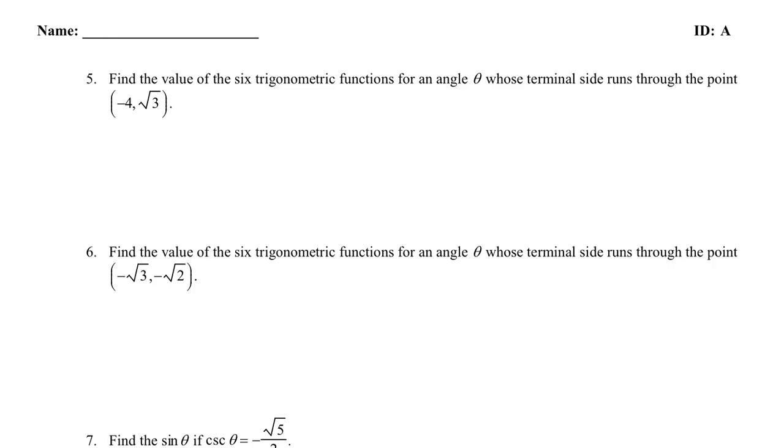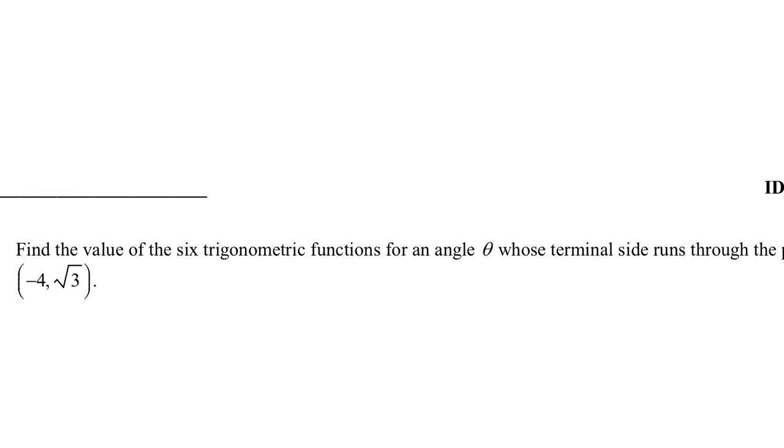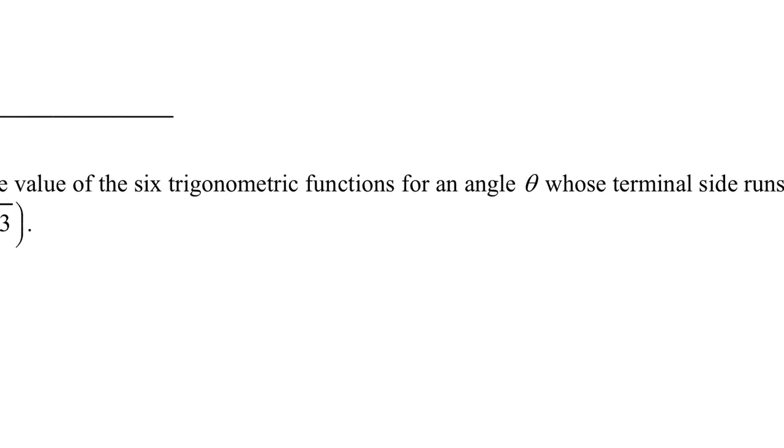So like we did on the first slide, we kind of brain dumped, that's what I like to call it, with your functions and the rules. So I'm just going to go ahead and write them up here at the top. I have sine theta, which is y over r, cosine theta, which is x over r, and tan theta, which is y over x.